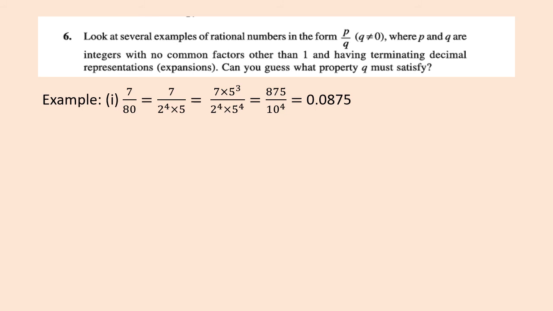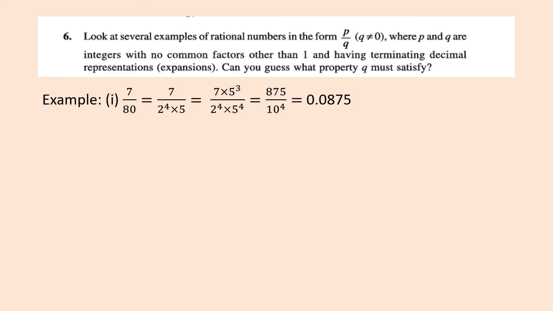80 can be written as 2 raised to 4 multiplied by 5. Now you have 2 raised to 4 and only one 5. So you have to make the denominator a power of 10. You have to multiply both numerator and denominator by 5 raised to 3, because you have to make it 10 raised to 4.